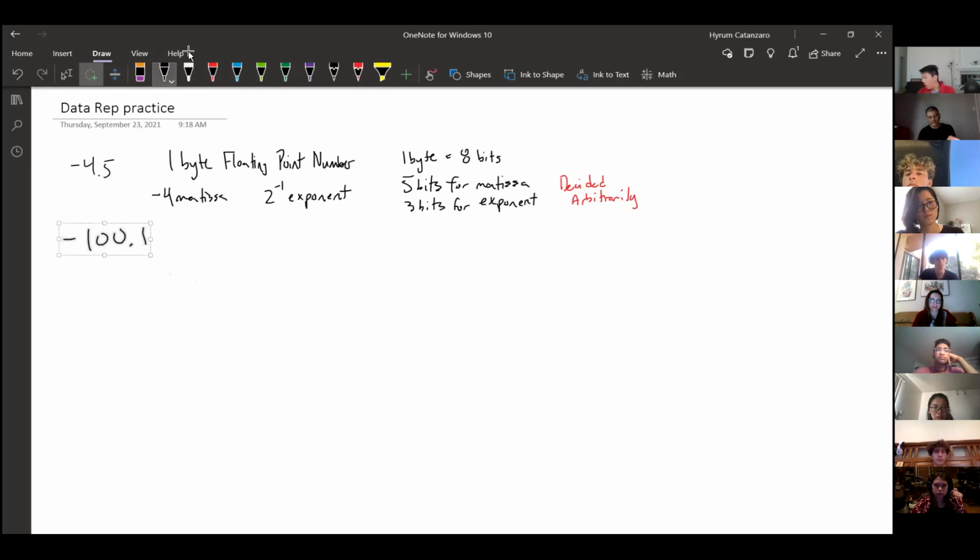And we can already see that, well, it's a negative number. Okay, so I'm going to write this in a slightly different way. I'm going to write this as 1001 times 2 to the negative 1.